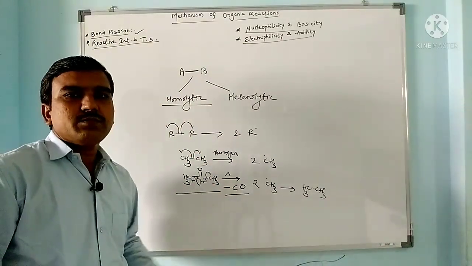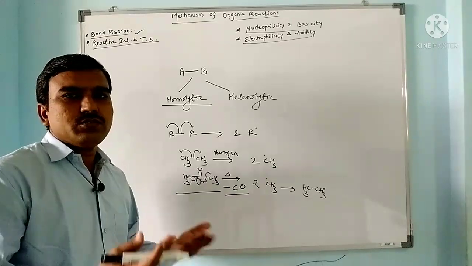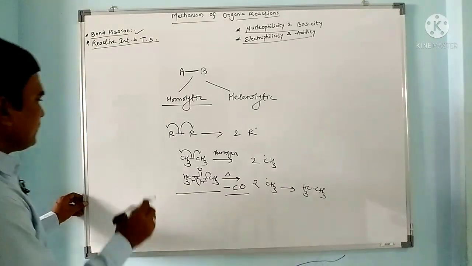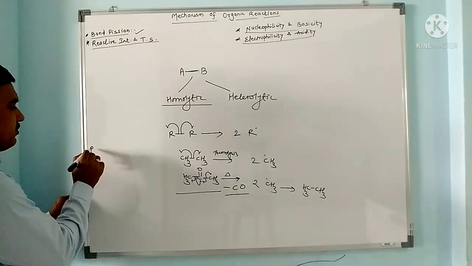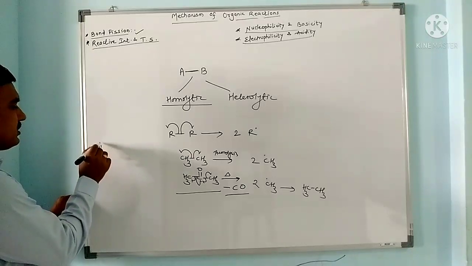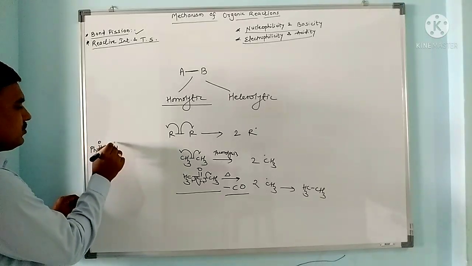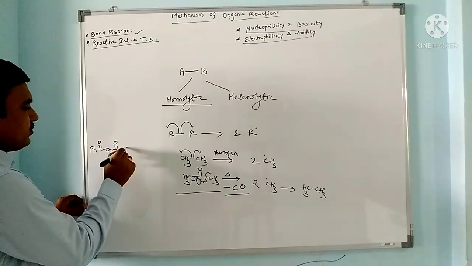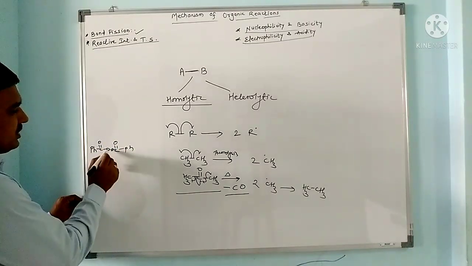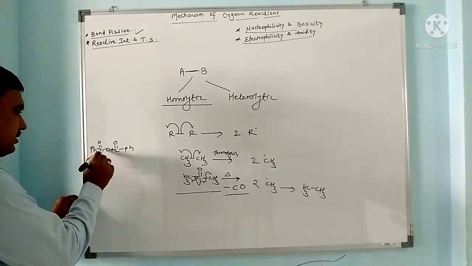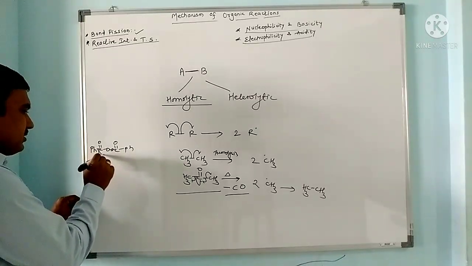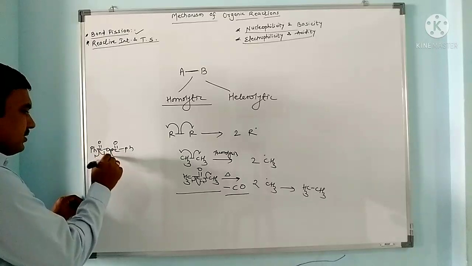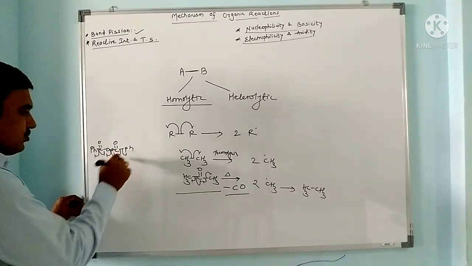These radicals can also be generated by using peroxides, such as benzoyl peroxide, PhCO-OCOPh. So here this is the peroxide. This one electron goes to this Ph, this electron goes here, this electron goes here.